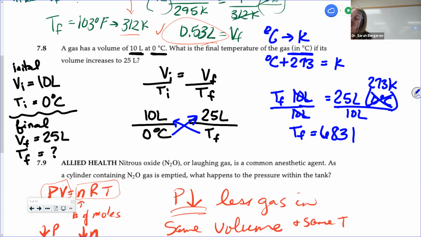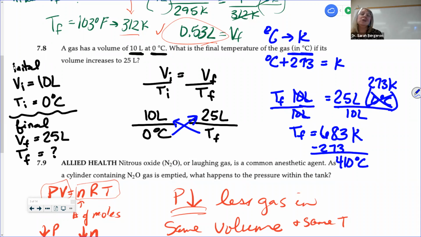So 683 Kelvin. But can you leave it in Kelvin? No, what do you have to do? Subtract 273. What do you get? 410 degrees Celsius. So to double your volume, you have to get pretty gosh darn hot. What's boiling in Celsius?